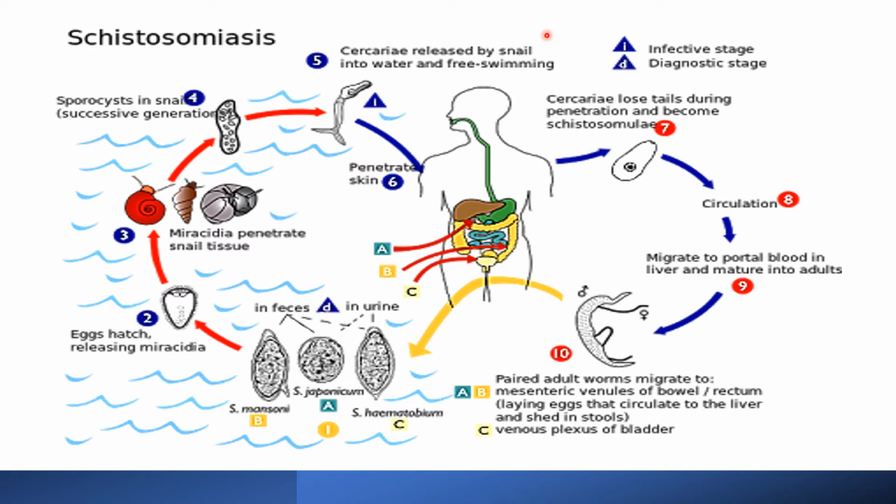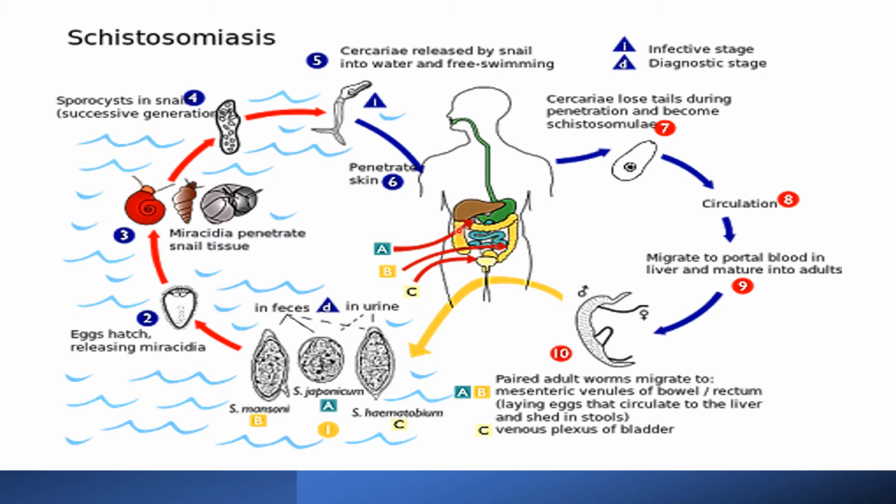The schistosomule will migrate through the tissues and liver sinusoids, and in the liver the worm begins to mature into an adult.